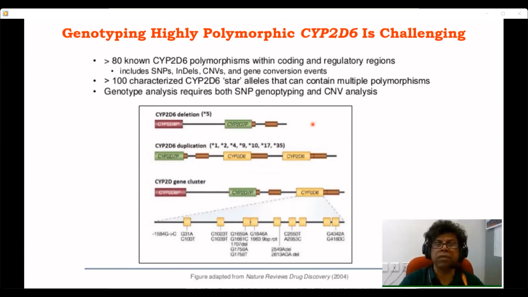The genotyping of this particular enzyme is very challenging, but thanks to technology, you no longer need to do single SNP sequencing or single CNV sequencing. Now you can do next-gen sequencing, or even whole SNP genotyping, and those technologies are already there.